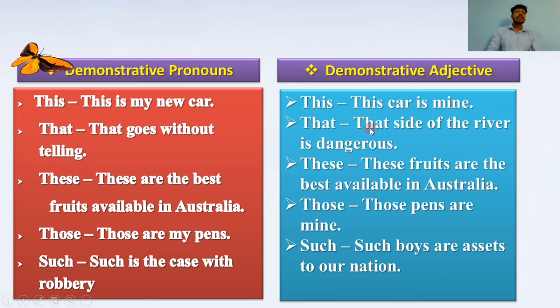Okay, "that side": side is a noun and that is a demonstrative adjective. Here in "that goes", that is a demonstrative pronoun because after this demonstrative I use goes. Goes is a verb, so it is a demonstrative pronoun. I think it is very clear to you. So now let's see the next page.